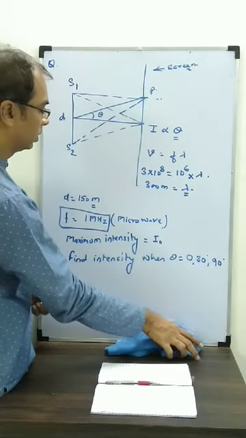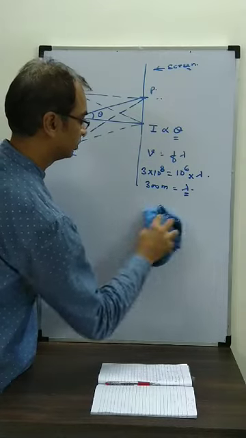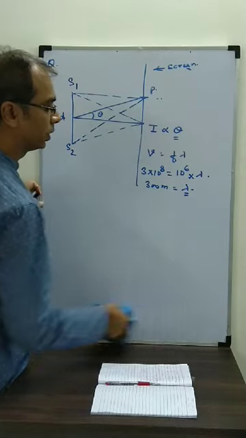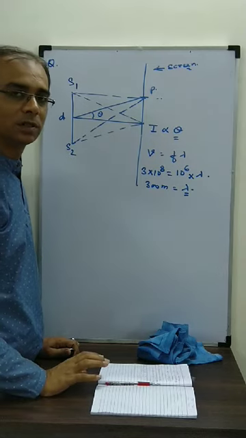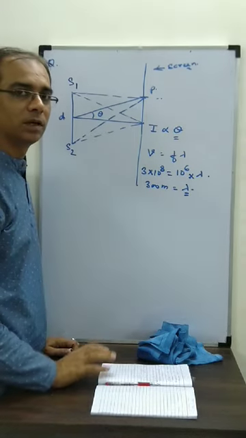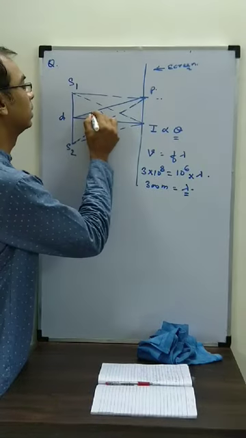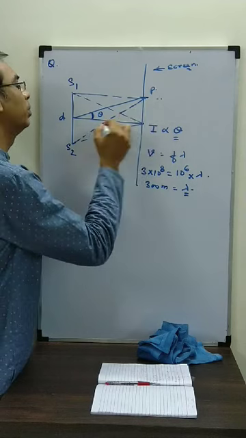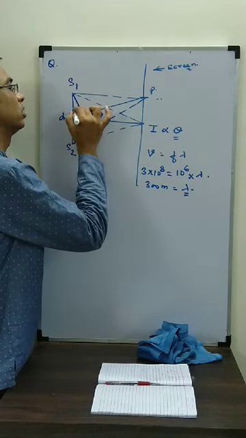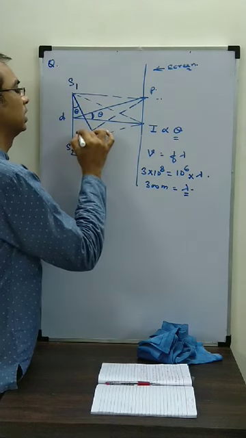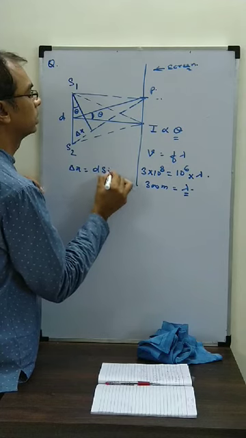To get the intensity, what do we require? Phase difference, and to get the phase difference, we require path difference. Correct or not? If this is theta, this is also theta, and at any point this will be the path difference, delta x, and delta x definitely is d sine theta. No doubt about that.